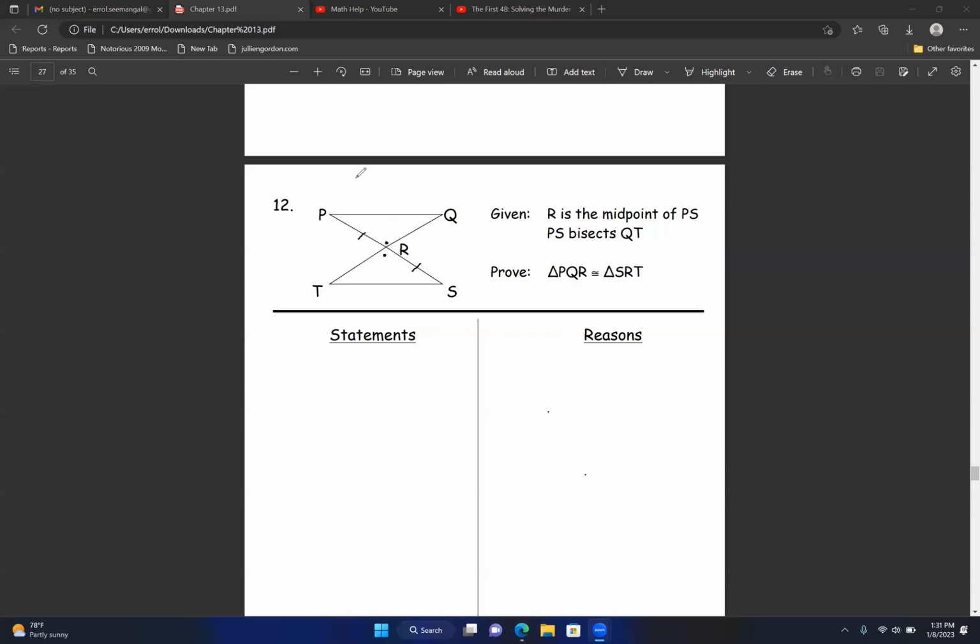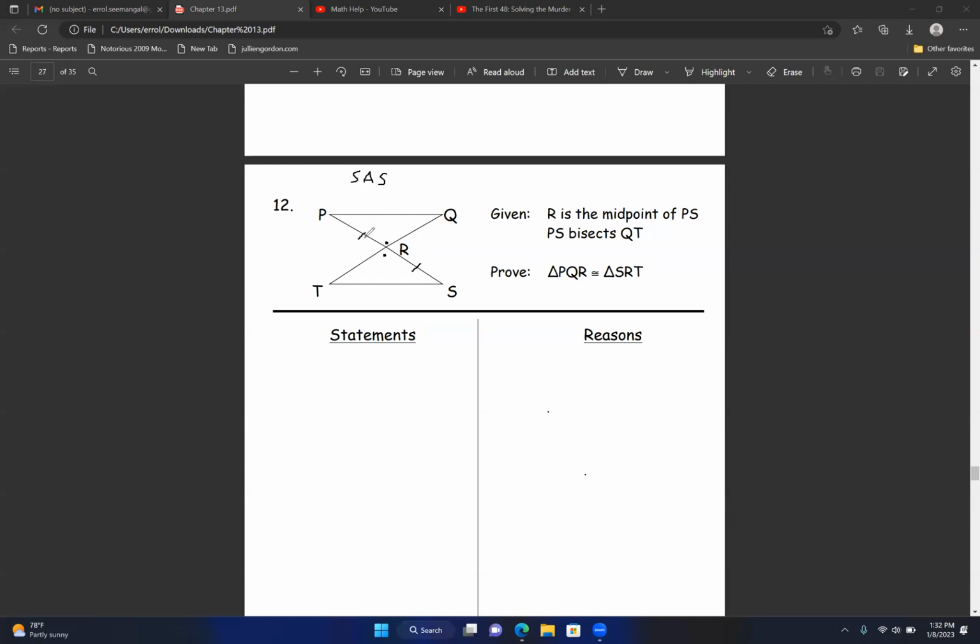What else? Which one of the four proofs would this be? Side, angle, side.